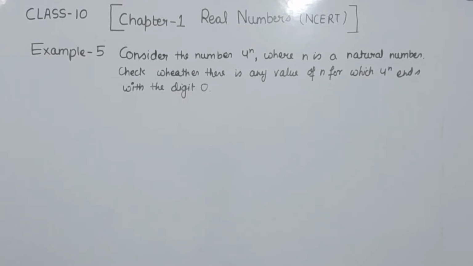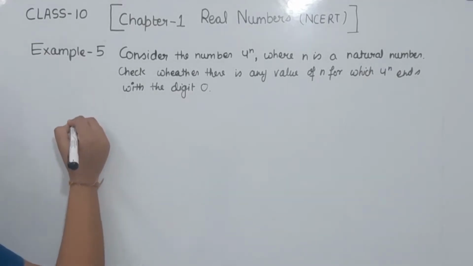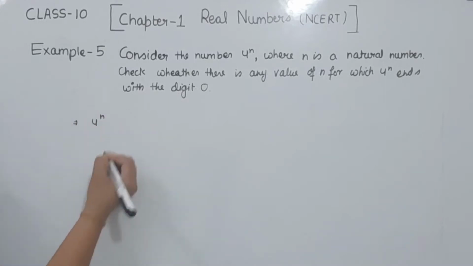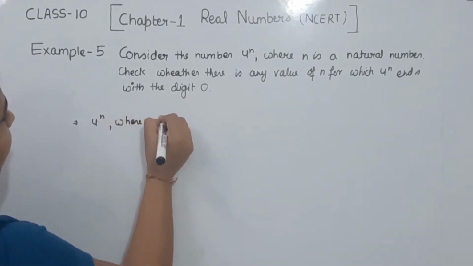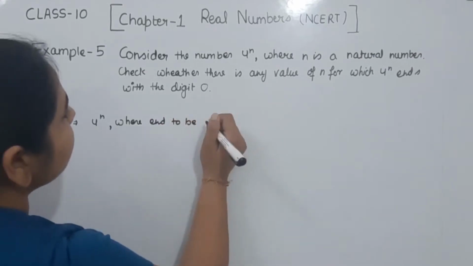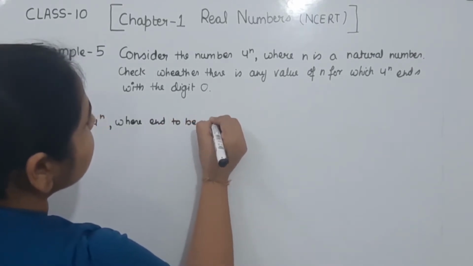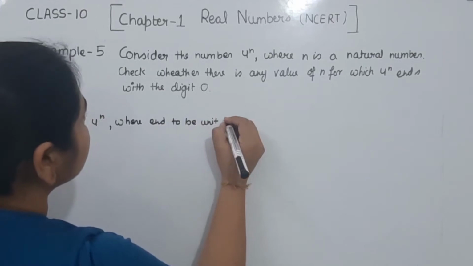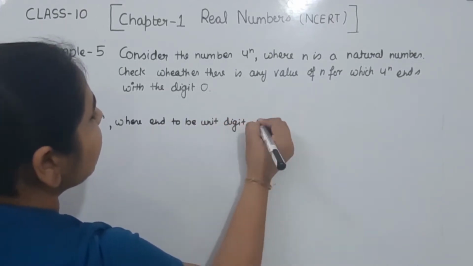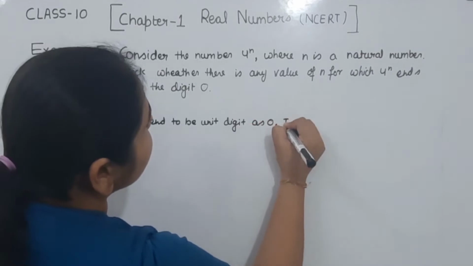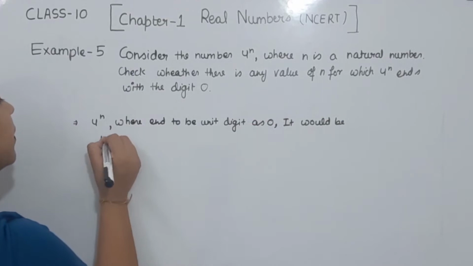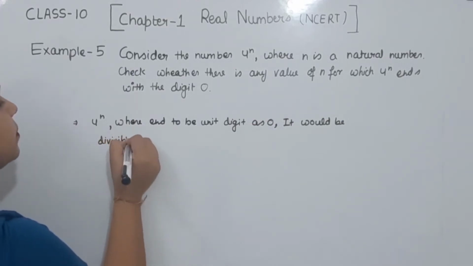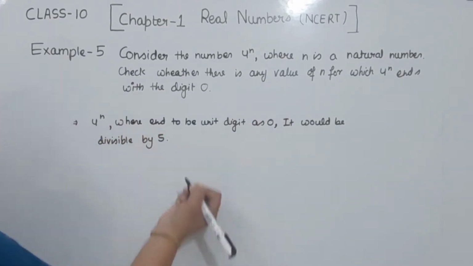So first of all, the number we have is 4 to the power n. Now for the unit digit to be 0, it would be divisible by 5.